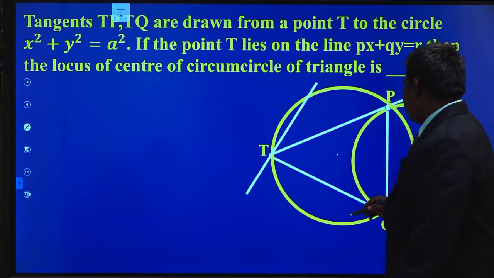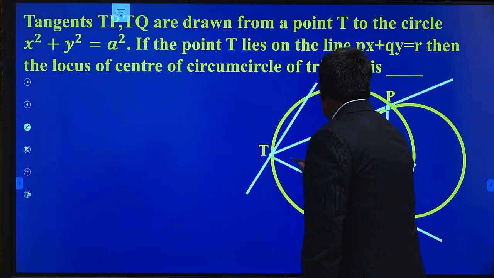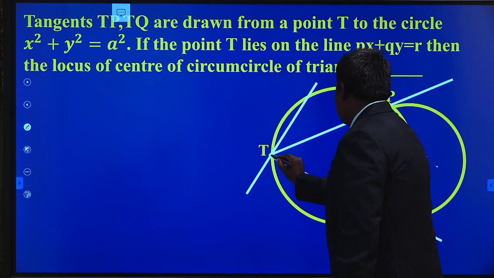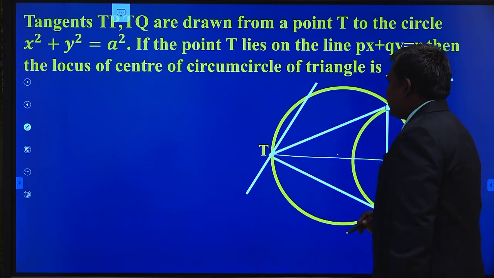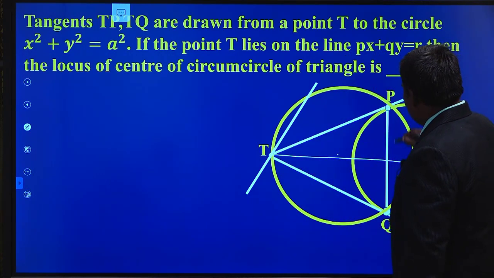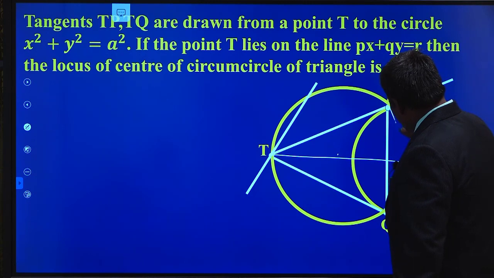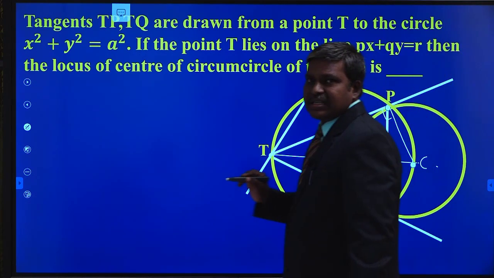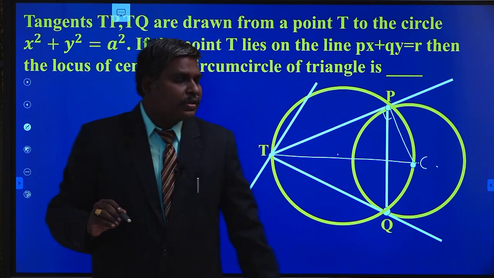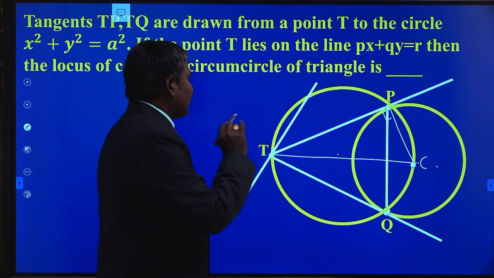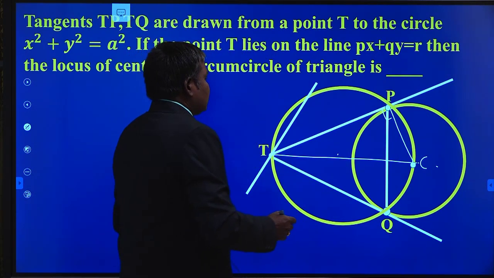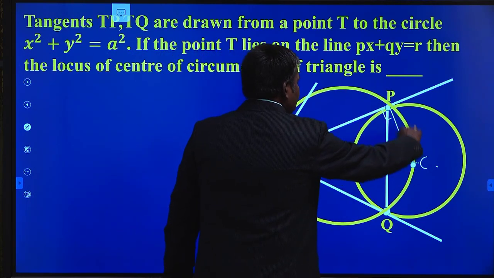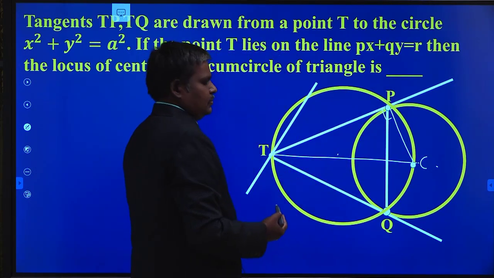We know that just by joining the center to that point T, this is the line joining CP. We know that the angle is 90 degrees, because the angle in a semicircle is what now? 90 degrees. With the help of that property, the circle must be passing through the center of the circle.